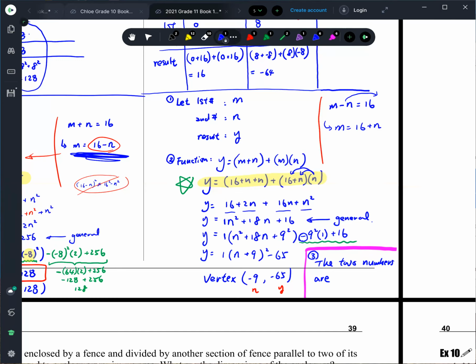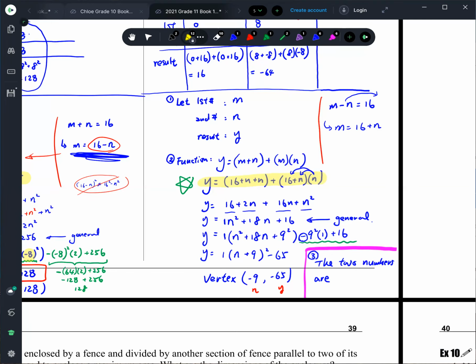No, no. The negative 65 is for the y. Oh, the other number would be negative 9 and... No. Negative 9, is that for the first number or second number? Geoffrey?